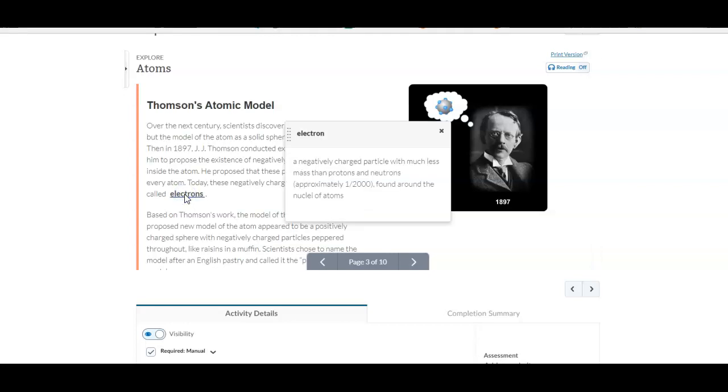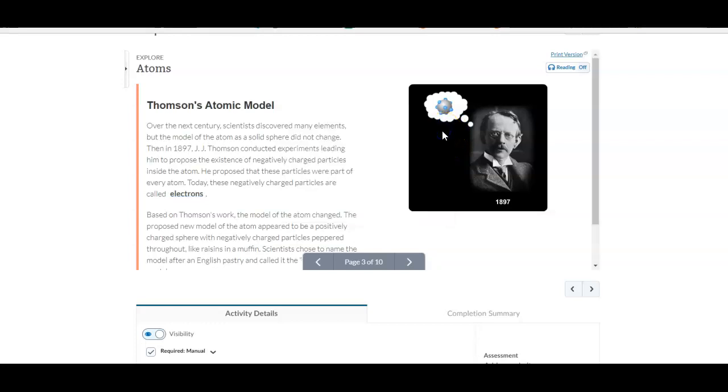Okay, so the definition of electrons: it's a negatively charged particle, and it has much less mass. If you remember in the last lesson, we looked at sizes, and electrons are much smaller. Again, in your notes, I would draw 1897 or write out J.J. Thomson. And here's a picture of what his model looks like.